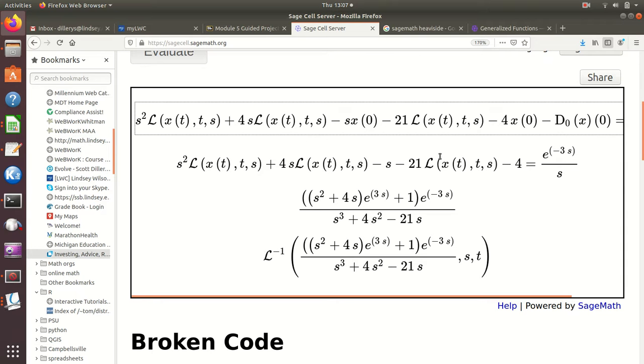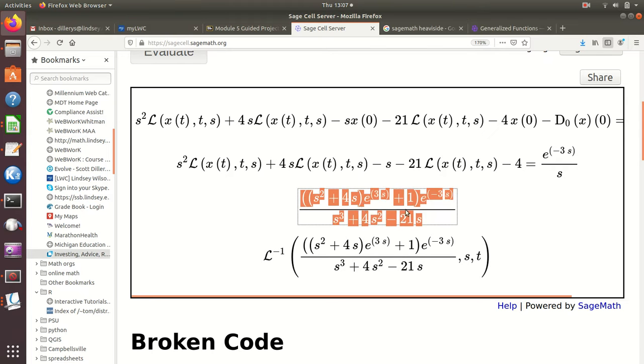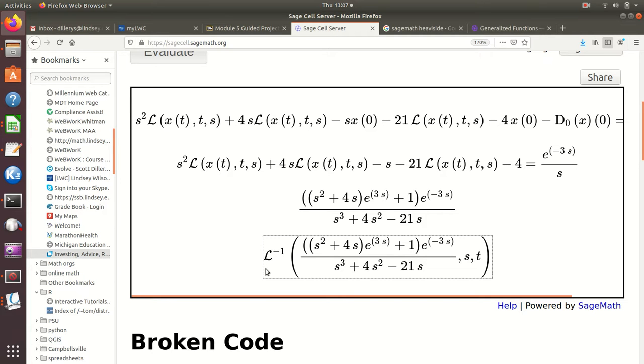Okay, that was great. And then I solved for the Laplace transform and got this whole big thing here. So that's great. And then I took the inverse Laplace transform and I said, what's that? And according to Sage, it is the inverse Laplace transform. That's all. It didn't do anything. It got confused. It didn't know what to do.